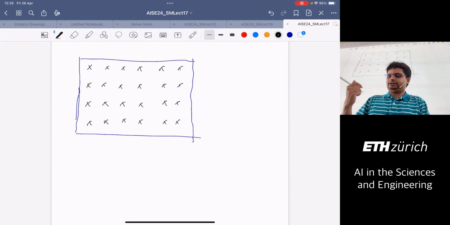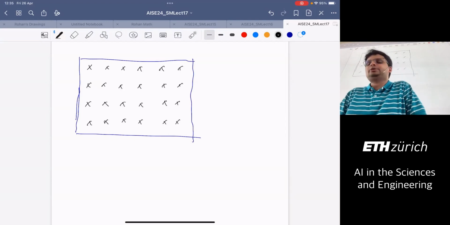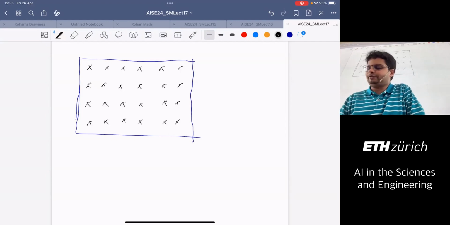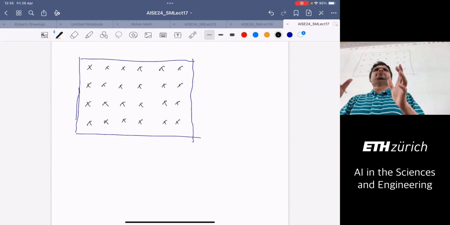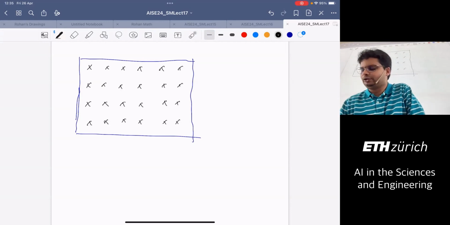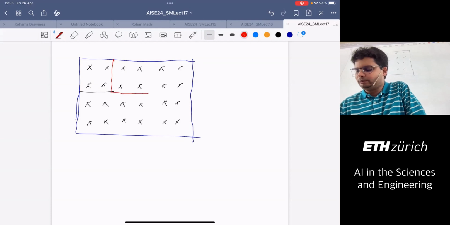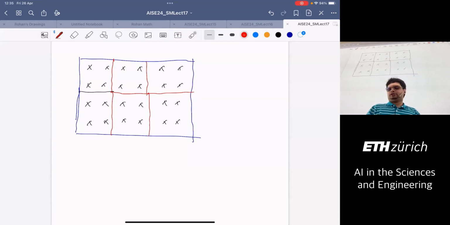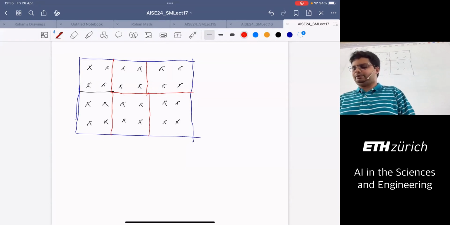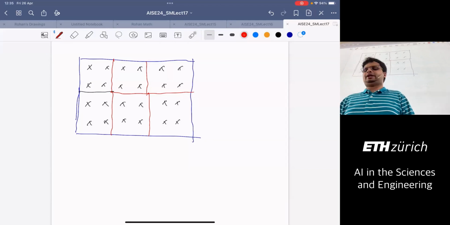So the idea behind the people who proposed vision transformers was very simple. Why don't we divide the domain, or divide the image, into what are called patches? Heuristically it is actually very, very simple. Writing it down in formulas is a bit cumbersome, but I divide it into blocks or patches. I've just done a very crude approximation of it, right? So instead of looking at these, how many points did I draw? 20 points. I just look at, in this case, 6 patches.